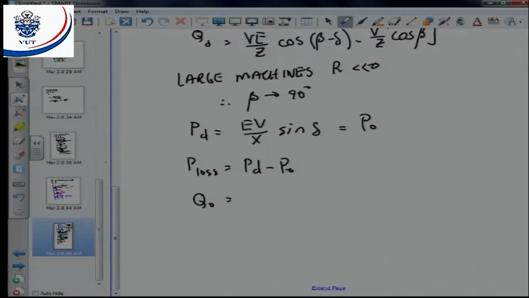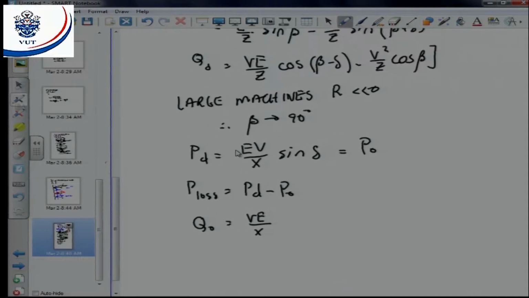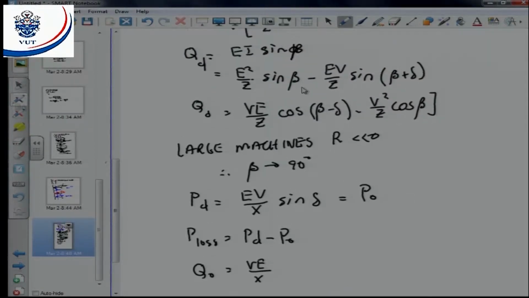If we look at Q out, that'll be VE over X, sine, sorry, that should have been sine of 90 minus delta minus V squared over Z sine 90.